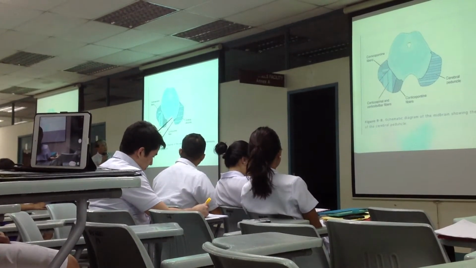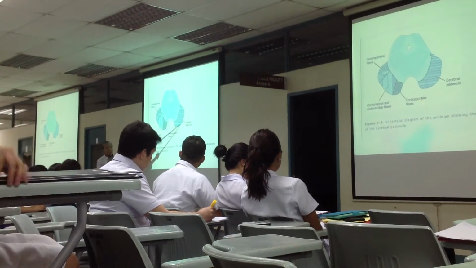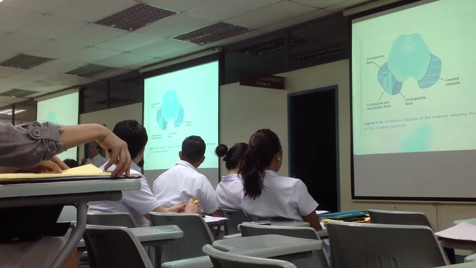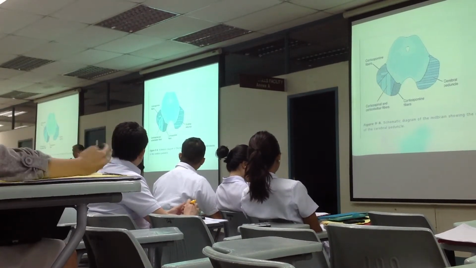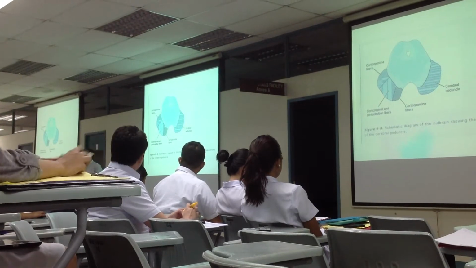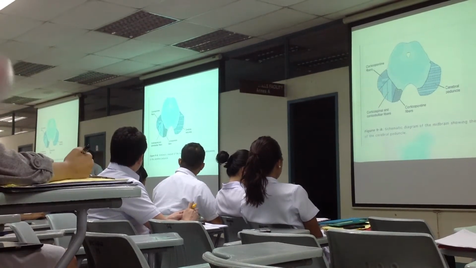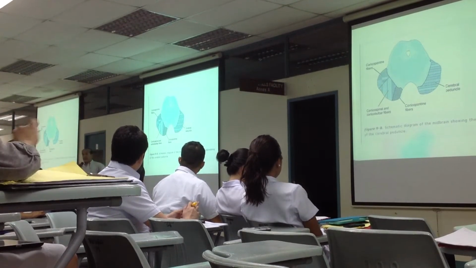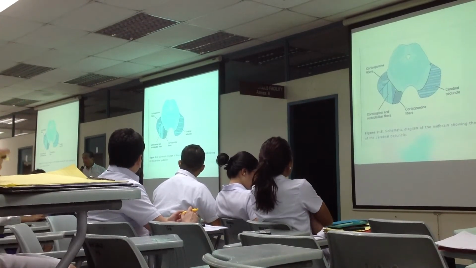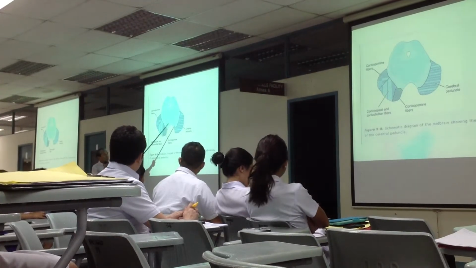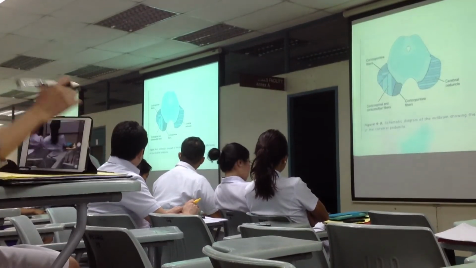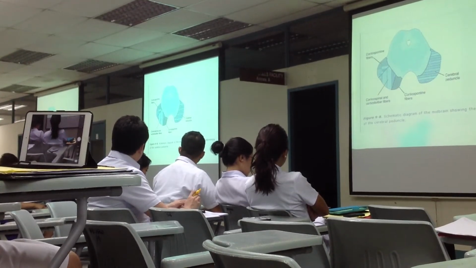While the middle 3/5 of your crus cerebri contains your corticobulbar and corticospinal fibers. Okay, so yun lang tatandaan ninyo, that the corticobulbar and the corticospinal fibers descend in the middle 3/5 of your crus cerebri. While your medial 1/5 and lateral 1/5 contain your corticopontine fibers. They will go to the pontine nuclei.